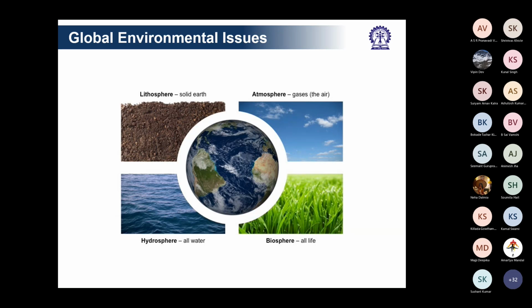So recently, a survey was carried out. In fact, this survey was carried out in 2017 among more than 7,000 men and women from the US, China, India, and so on. They were asked to identify the problems which they believe are the most pressing environmental problems today.